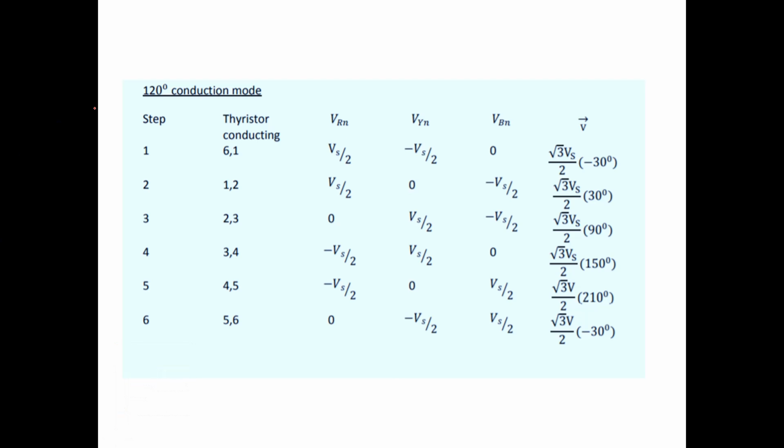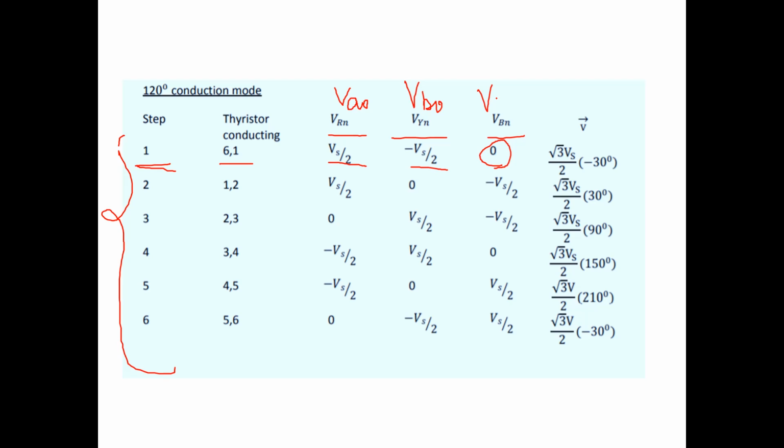So this is the final tabulation for the 6 steps of different thyristors. For the first step, thyristors 6 and 1 will be conducting in the RYB phases. So RYB will be Vs by 2, minus Vs by 2 and 0. In the previous slide we saw this as VA naught, VB naught and VC naught, so there is no difference.